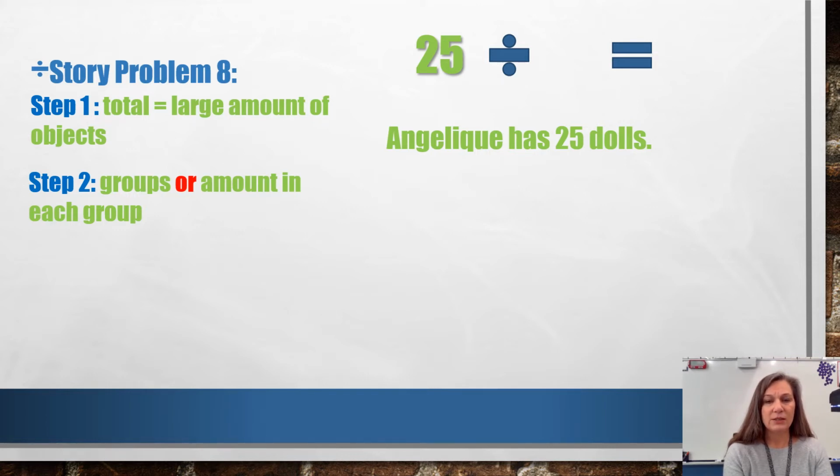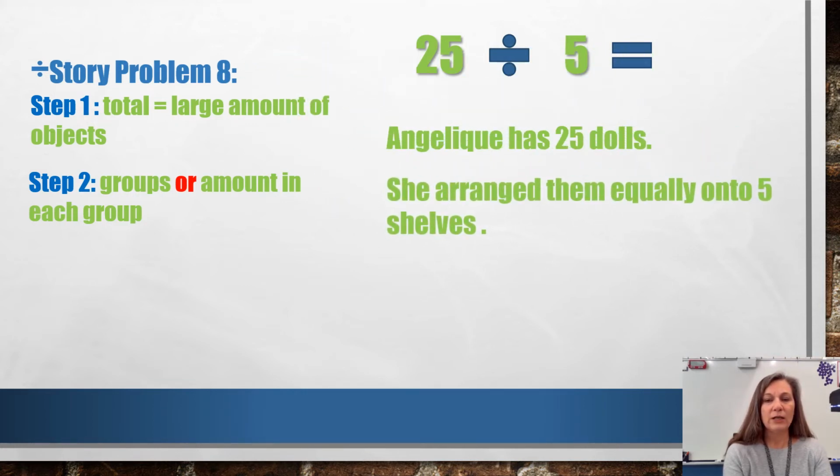So in this case, I'm going to write a sentence that has to do with 5. Now I could either say we're going to put the dolls into groups, or we're going to know that there's 5 dolls in each group. Well, I've decided that we're going to arrange them equally onto the 5 shelves. So the shelves are actually going to be the groups.